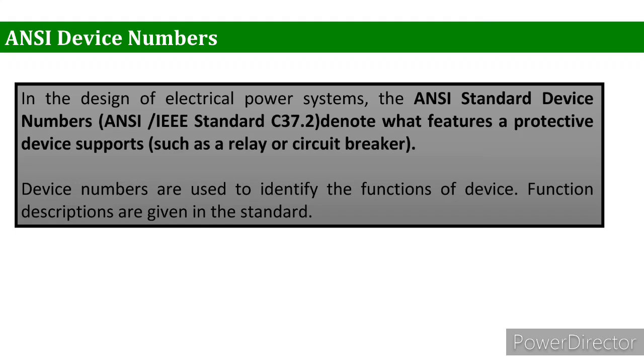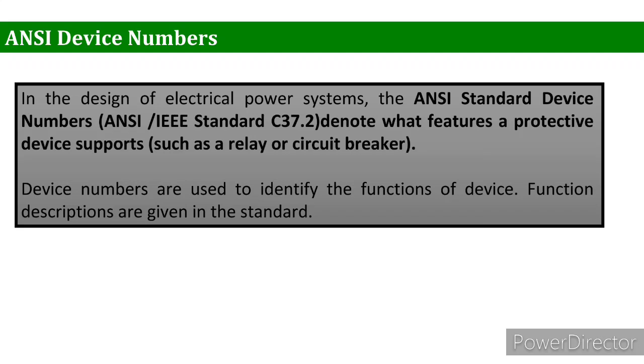For relays, it has different standards, and it names different types of relays on the basis of numbers. In the design of electrical power systems, the ANSI standard device C37.2 denotes what features a protective device supports.